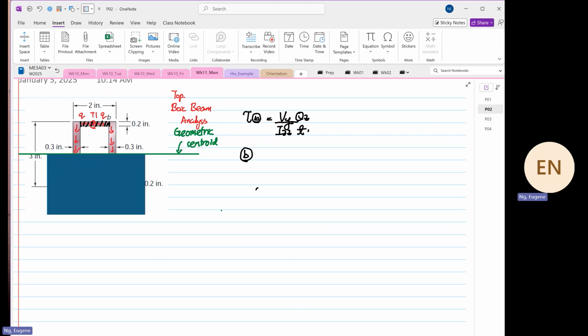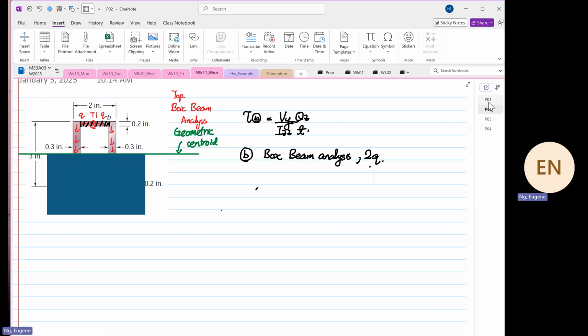At point B, the analysis, or just type in, box beam analysis. And you put down here 2Q. Why 2Q? Because one Q goes to the left side, the other Q goes to the what? To the right side.